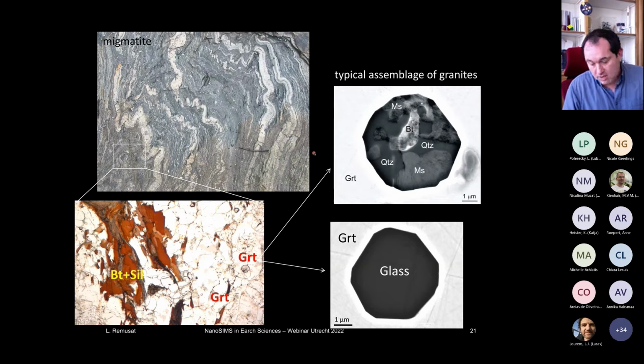Those rocks are exposed to high temperature and average pressure, and they face partial melting. So in some places, they are going to melt, and in some minerals, garnets, you can trap the first liquid that forms when the base of the crust is melting. So here you have a migmatite.